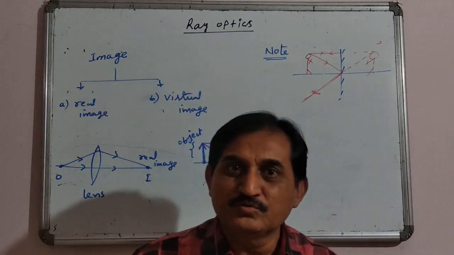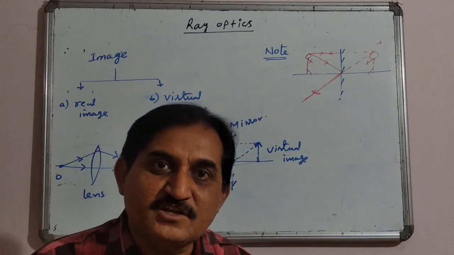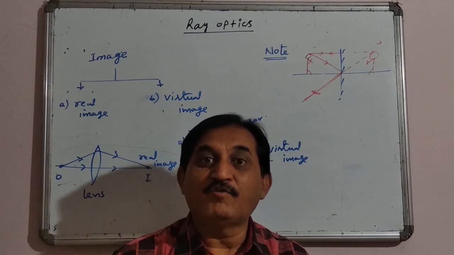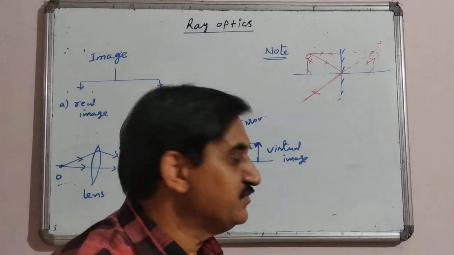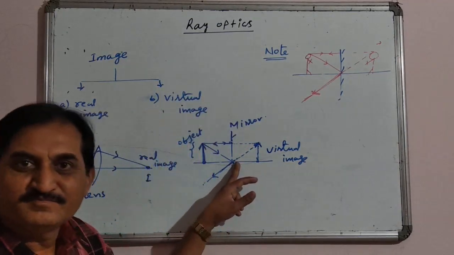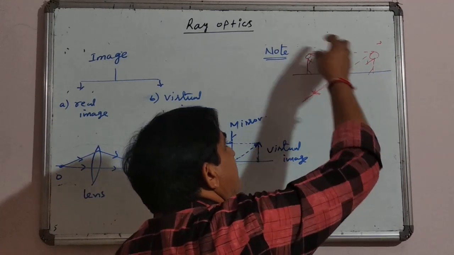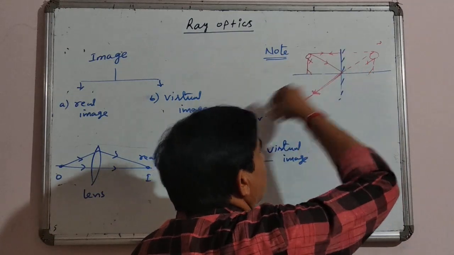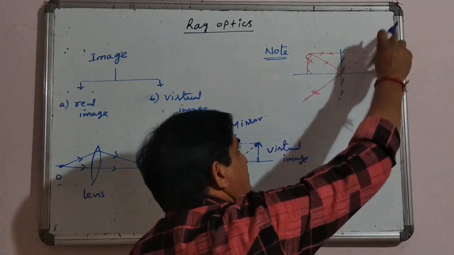From you, the light is diverging in all possible directions, and this light is incident on the plane mirror. After reflection, what happens? The image is virtual, as we just discussed. Similarly, here the person is standing in front of the plane mirror and the light is reflecting. After reflecting, the reflected light rays are extended.